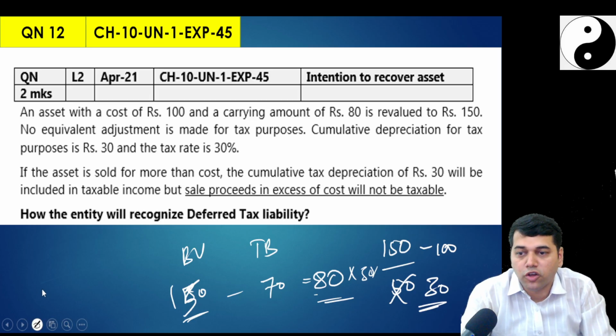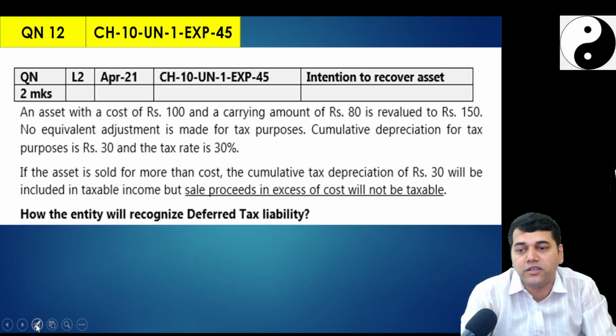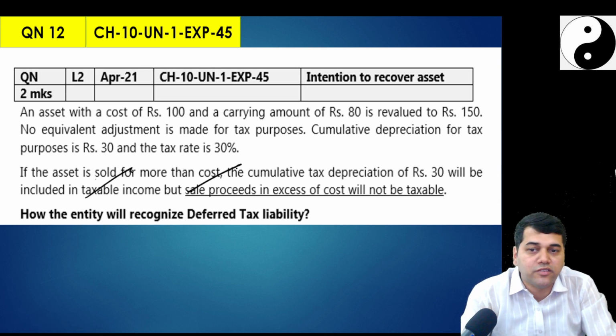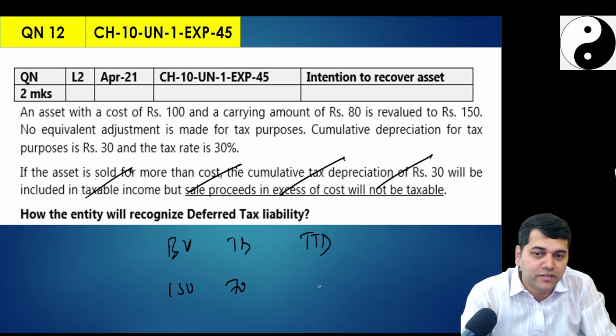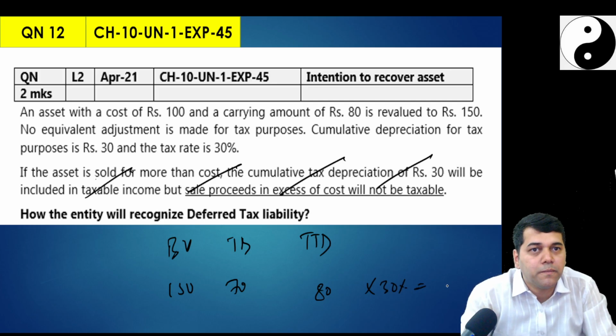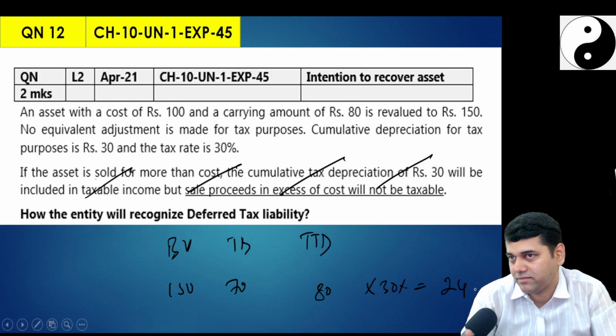If everything was normal, if this sentence was not given, let us look at 2 ways. You would have said straight away book value is 150, tax base is 70, taxable temporary difference is 80 into 30%, which is 24 rupees deferred tax liability.